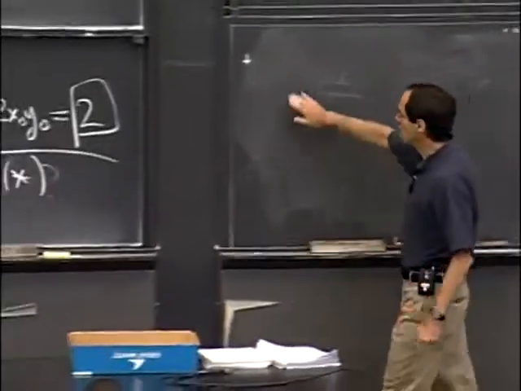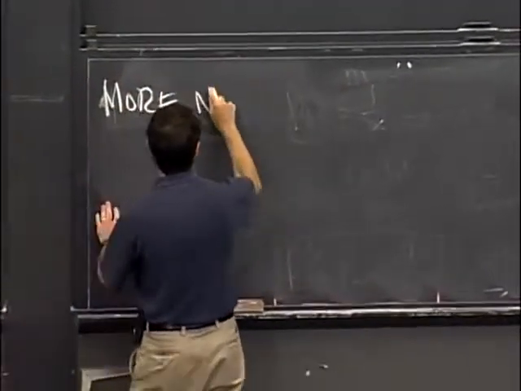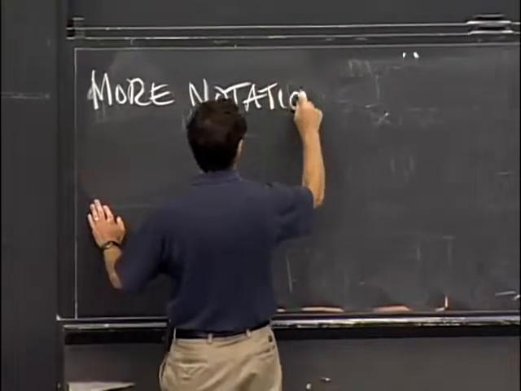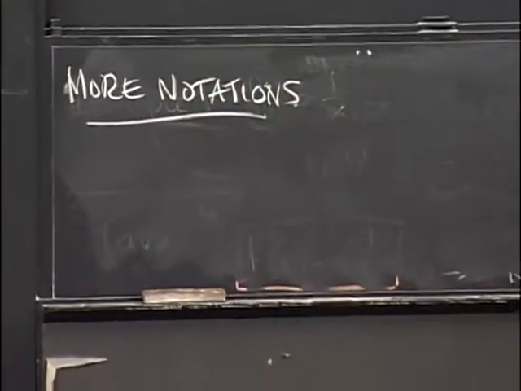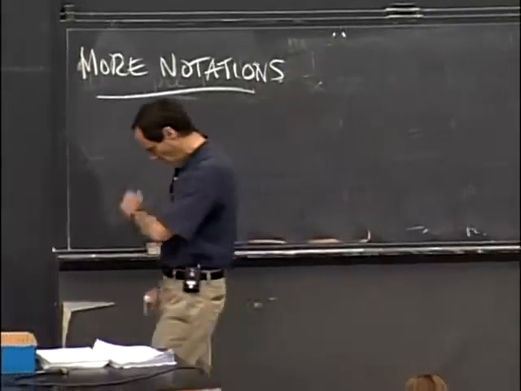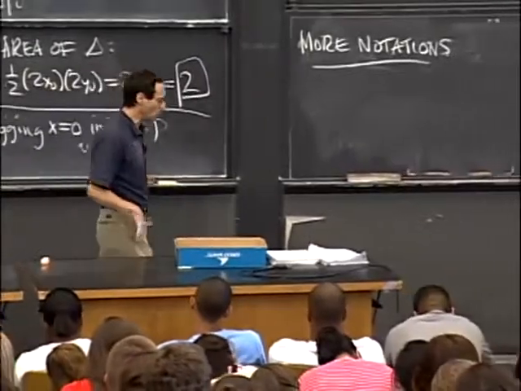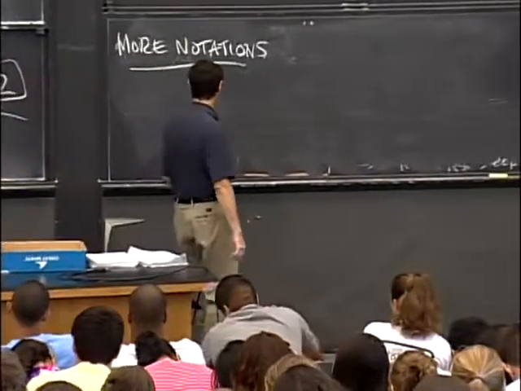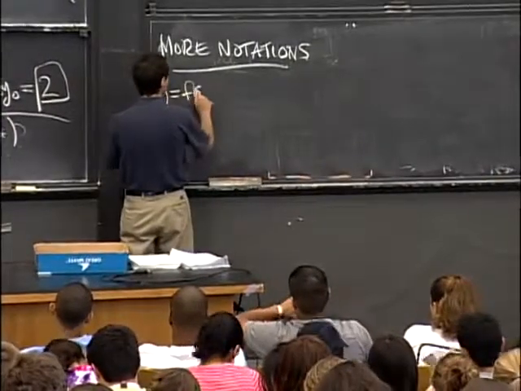So first of all, I want to give you a few more notations. These are just other ways that people refer to derivatives. And the first one is the following. We already wrote y is equal to f of x.